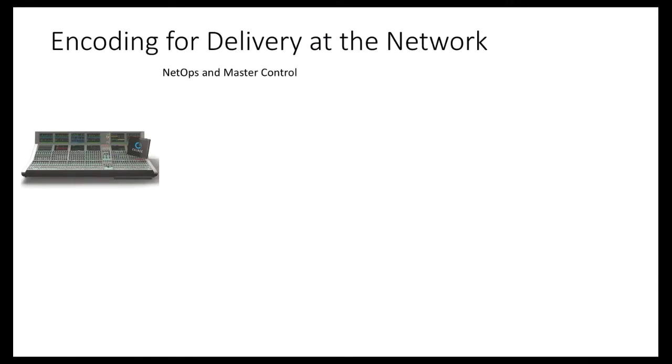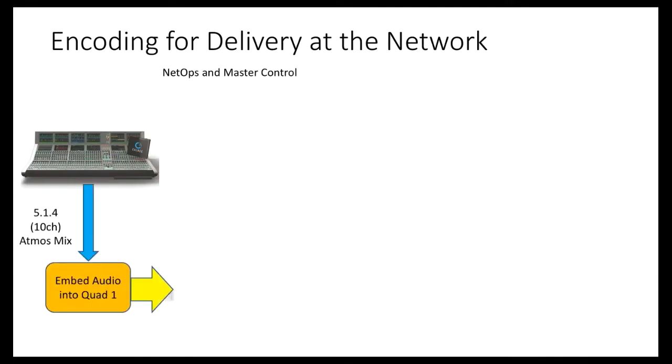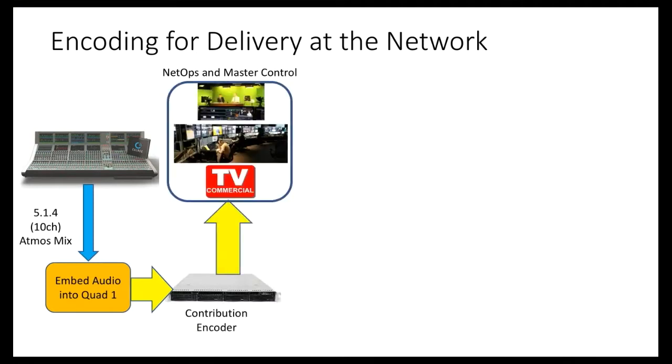Now, encoding for delivery at the network, you have your 10-channel mix that is not encoded. Then that would be embedded audio, just discrete audio, that hits your contribution encoder and then can be relayed to network operations and master control.